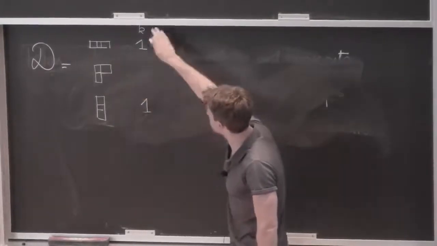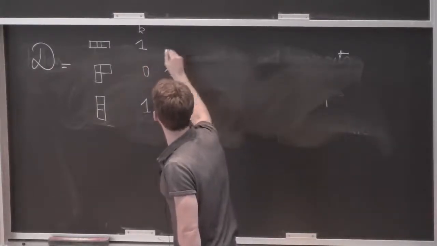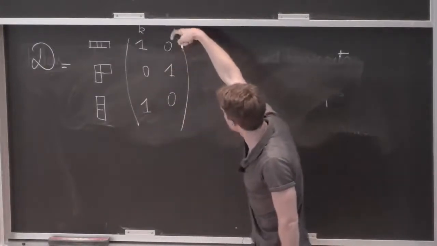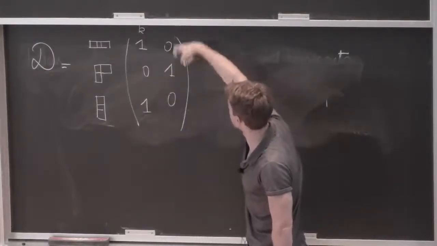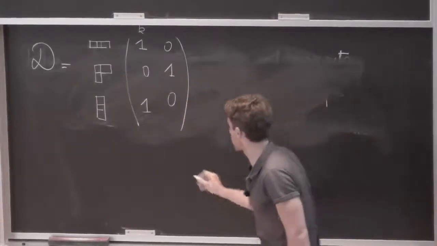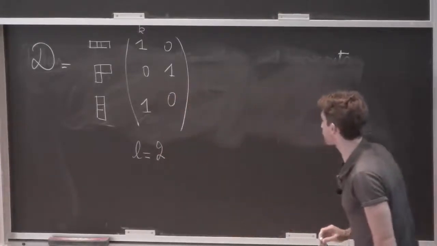So you get something completely different from the rest. So we'll put a 1 here, 0 here, 0 here. By this I mean that I have a projective indecomposable module whose character is just this one. And this will be the decomposition matrix when L is 2.